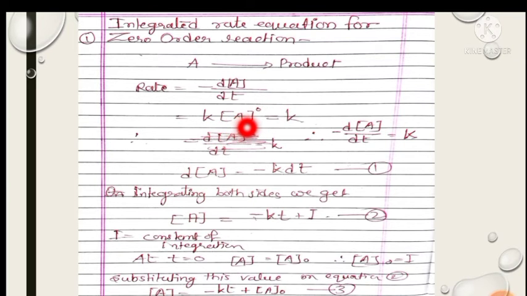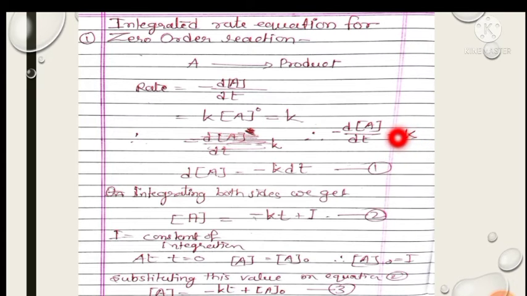Here A0 means the power 0, since it is following a zero order reaction, so in power we have to write 0. So minus dA upon dt will be equal to k, because this value is going to be 1. So minus d[A], the molar concentration of A, upon dt will be equal to k.